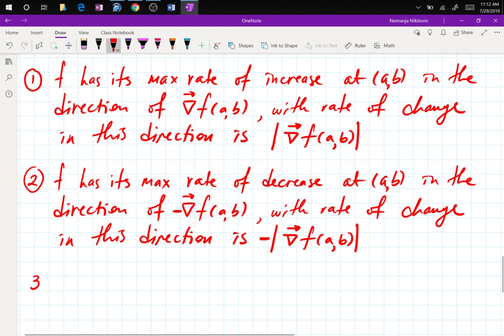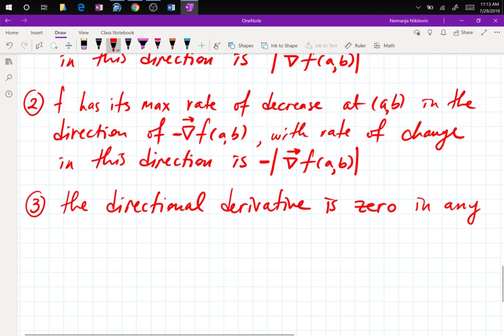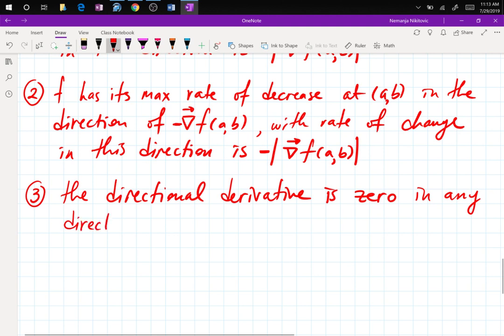And number 3, the directional derivative is 0 in any direction orthogonal to del f(a, b).